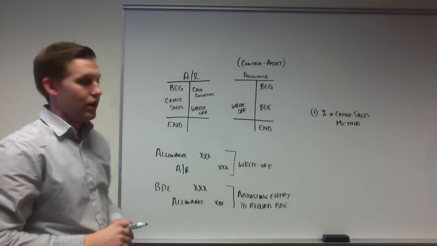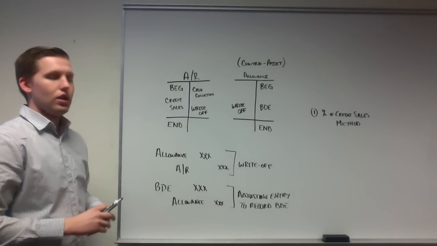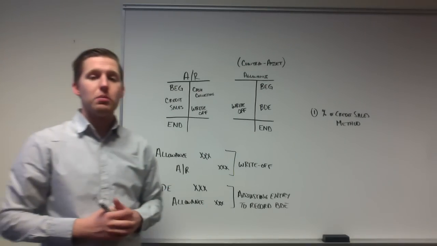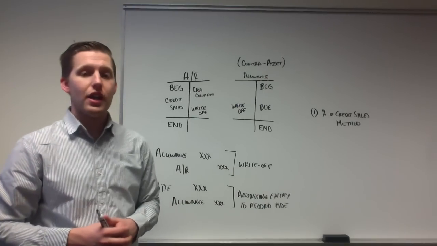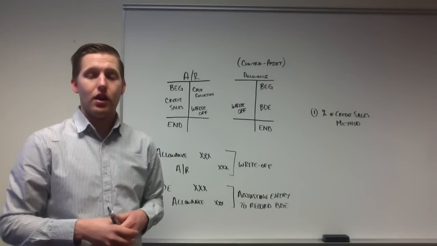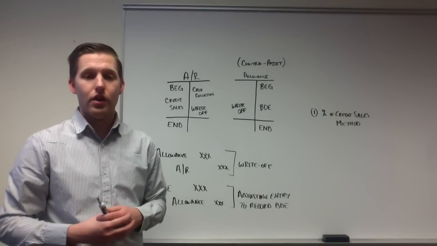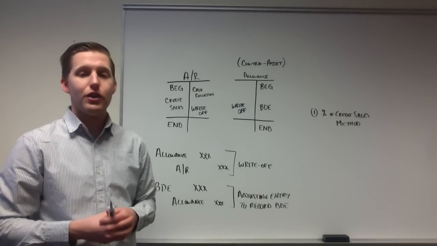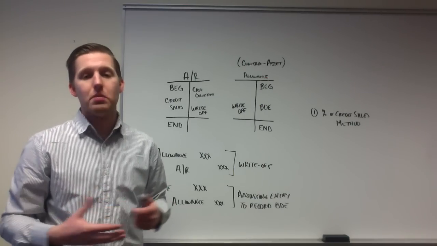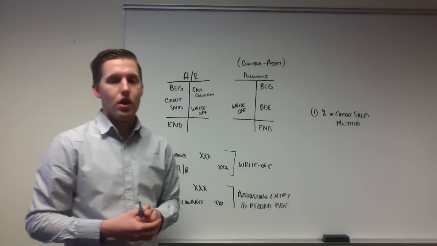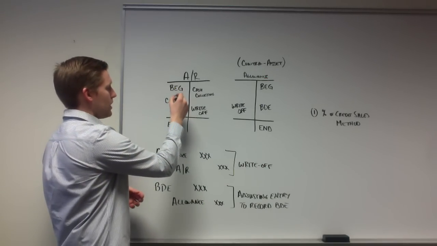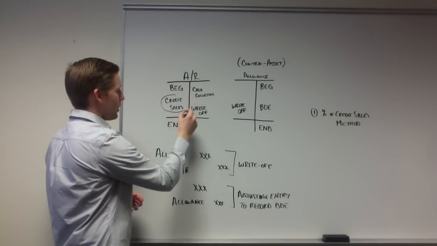What we're doing here is, your problems will say something along the lines of, management uses the percentage of credit sales method to estimate their uncollectible accounts for the year. And they have determined that 3% of credit sales are going to be uncollectible. So in that case, what we're doing is we're taking a percentage of our credit sales.